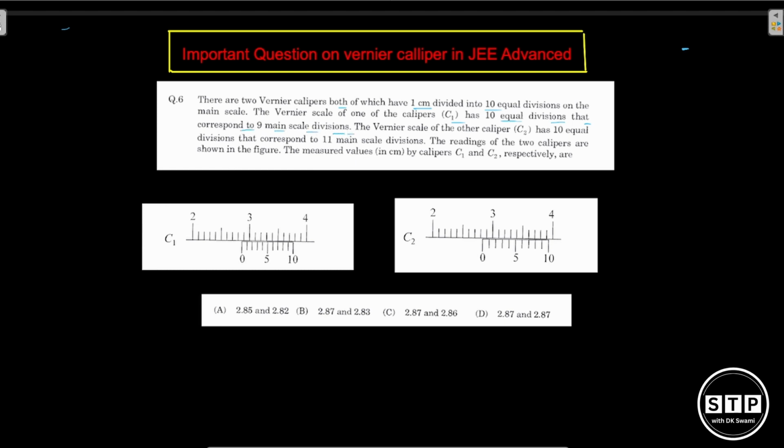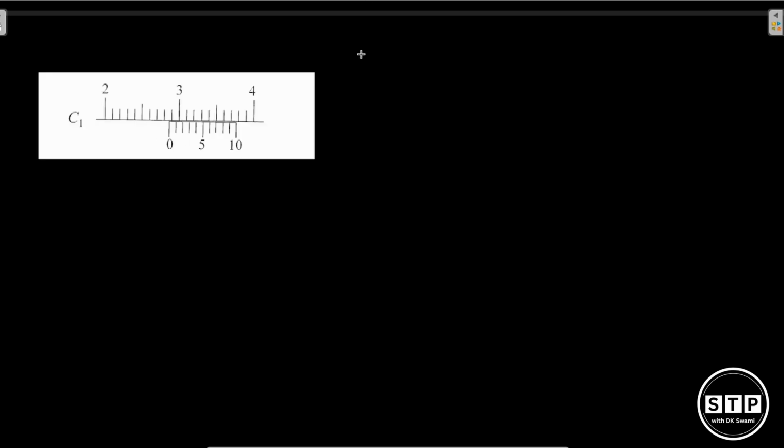So in C1 the case is given that 10 VSD equals 9 MSD. And 1 MSD for both types of vernier caliper is 0.1 centimeter. Why? Because 1 centimeter is equally divided into 10 parts.